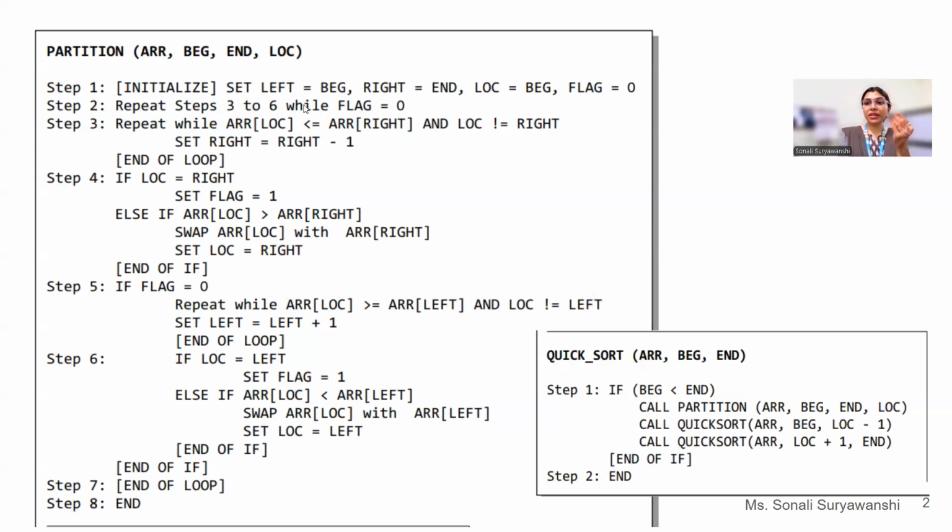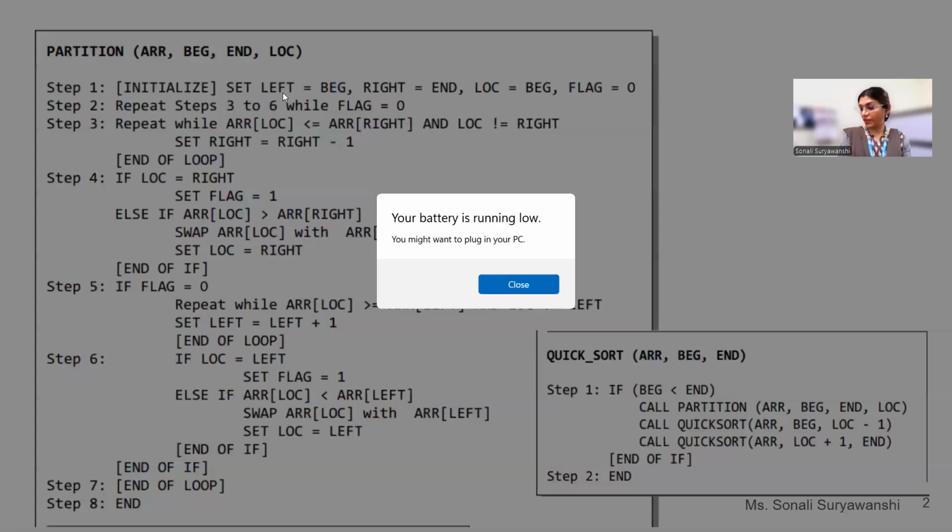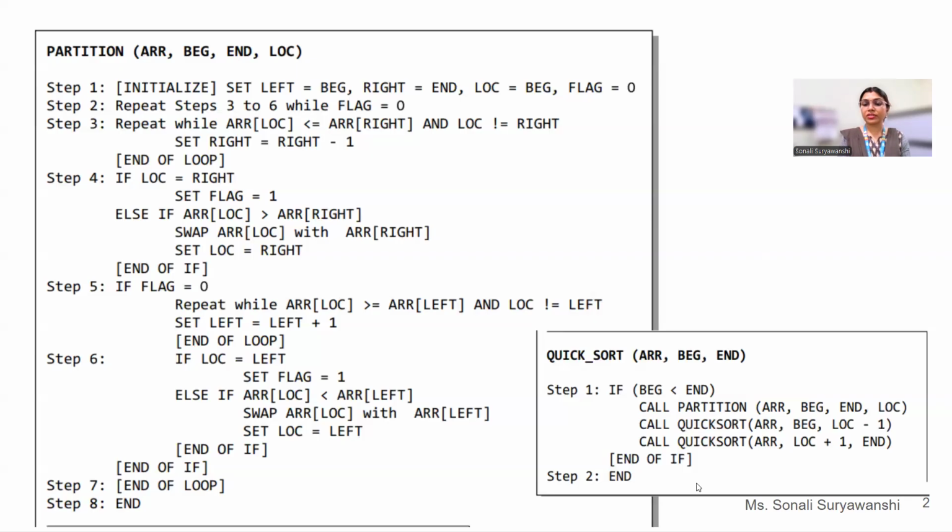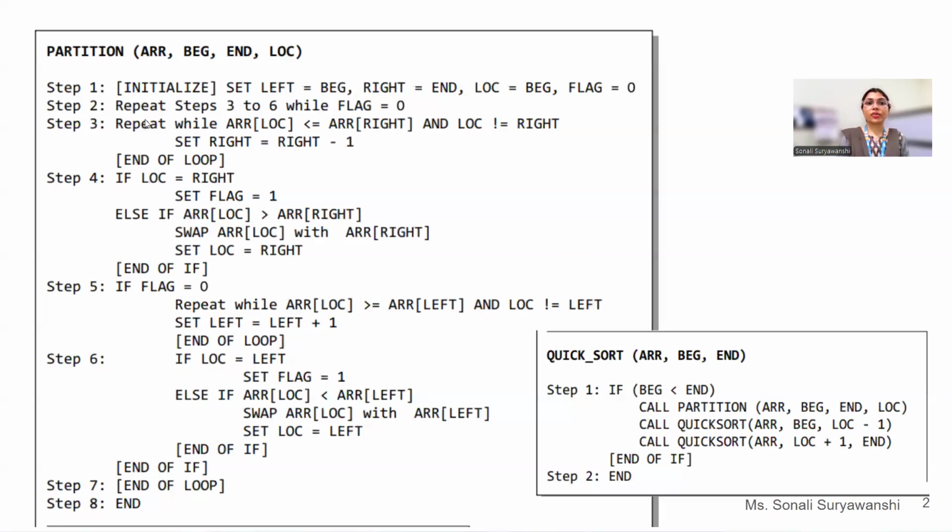So the pivot element is found using a few indexes that we have to set initially. So here we set three pointers. Left, that is pointing to the beginning of the array.